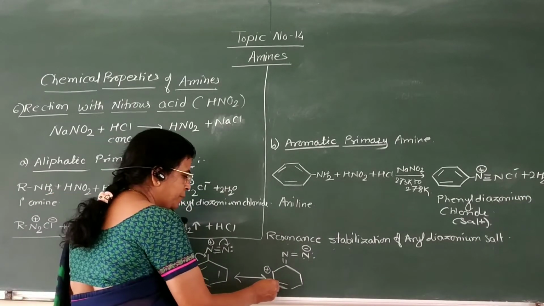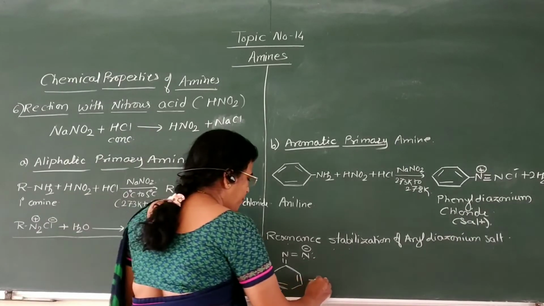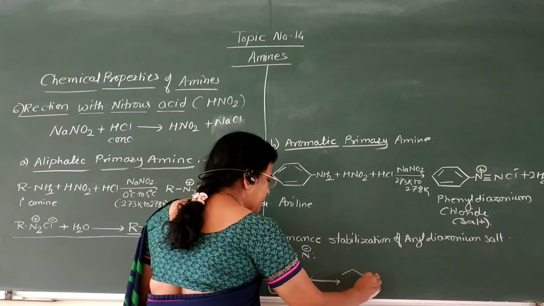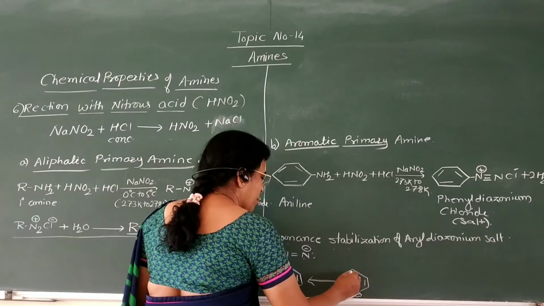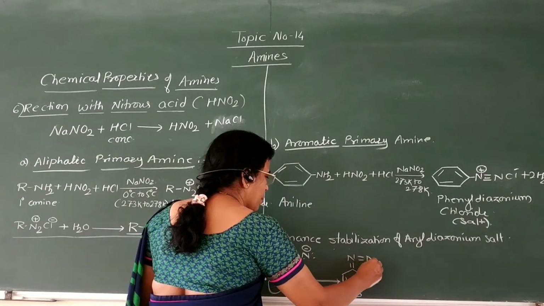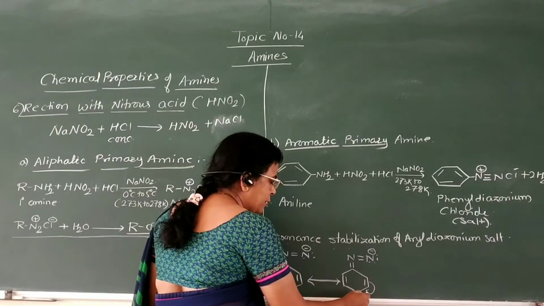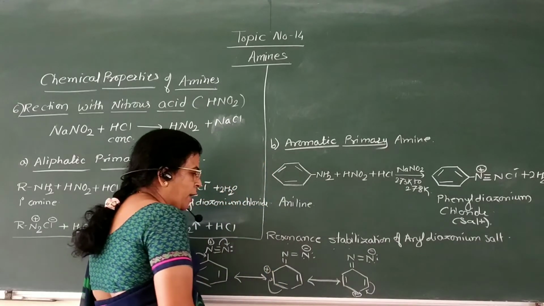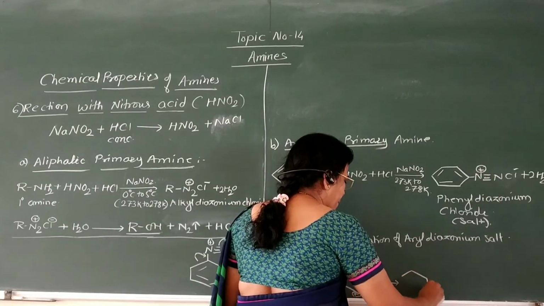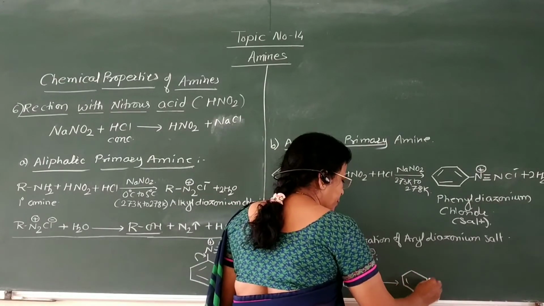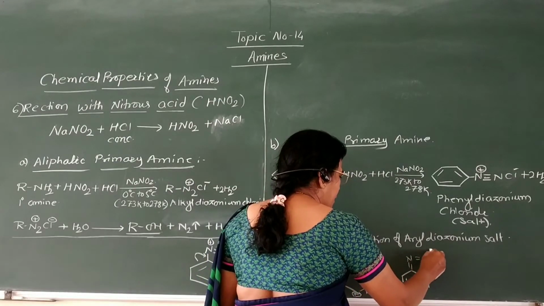Now here this electron pair gets shifted in between these two carbon atoms to form next resonating structure like this. Then again these pi electrons get shifted in between these two carbon atoms. Then we'll get next resonating structure. At ortho position there is positive charge, double bond N, negative.